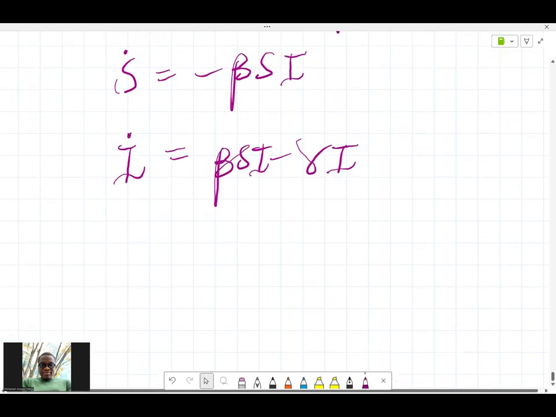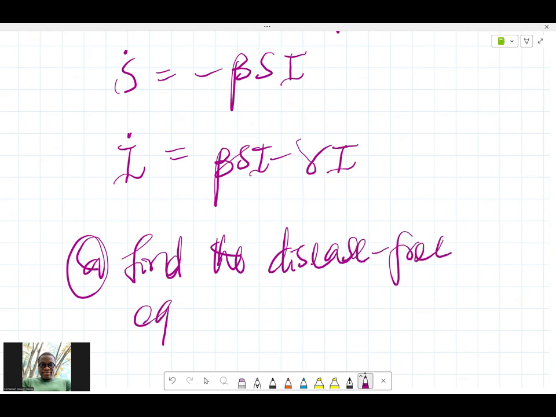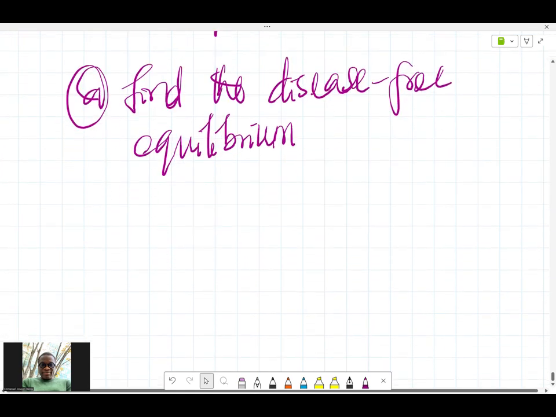The question is to find, first of all, the disease-free equilibrium. That's the equilibrium where there's no disease, where I is equal to 0 and S has a value.